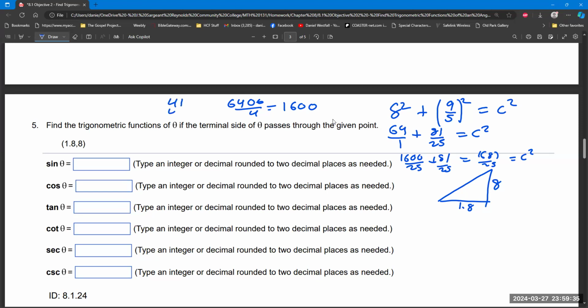All right, 41. So this is going to be 41 over 5, or 8.2.